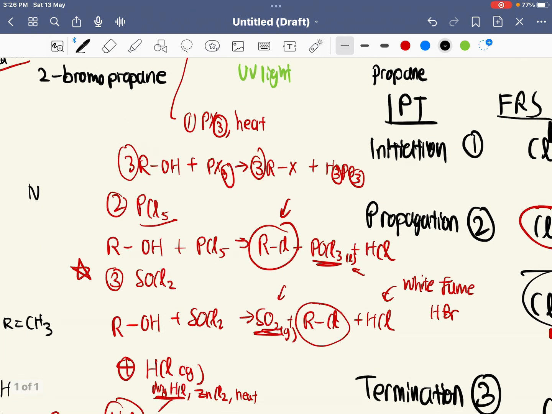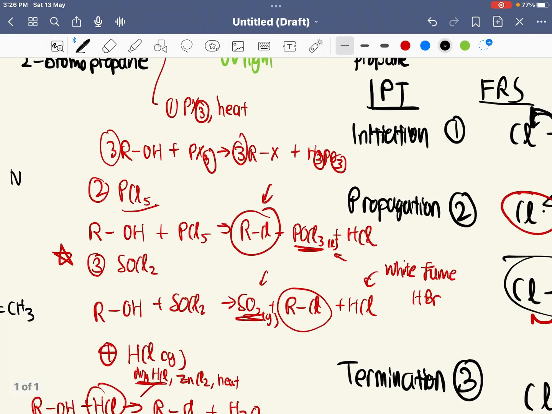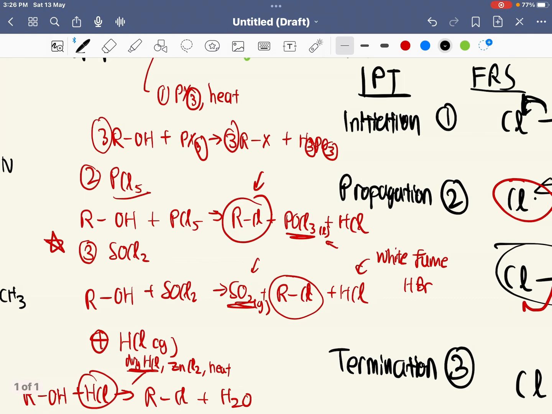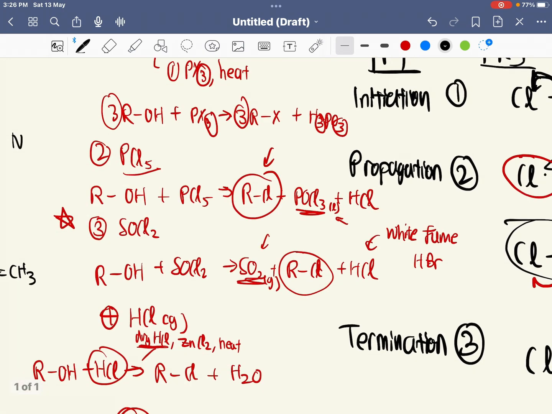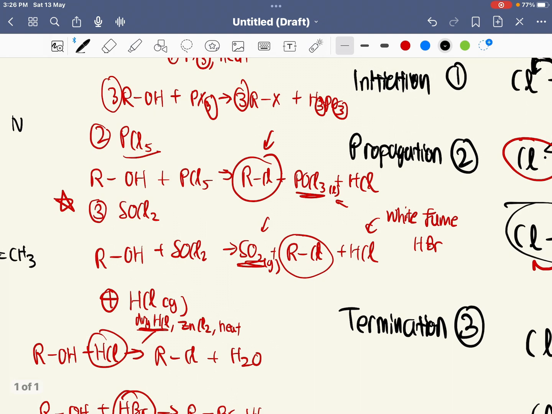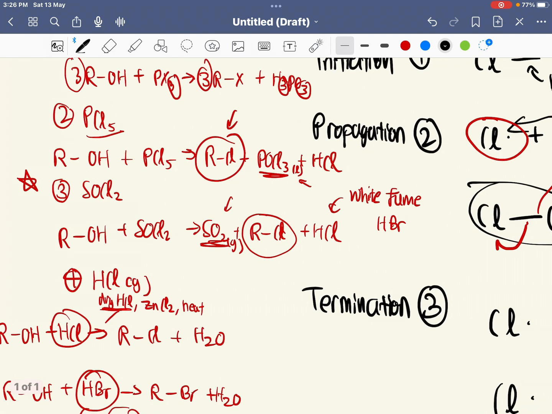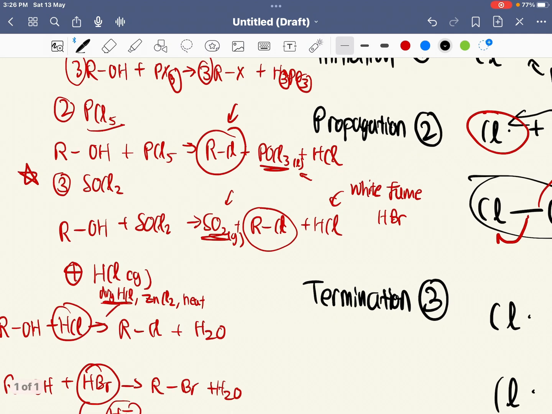Now you have PCl5: ROH plus PCl5 forms RCl, POCl3, which is the liquid, and hydrogen chloride as well. If you use thionyl chloride, ROH with SOCl2 gives you SO2, which is sulfur dioxide, RCl, and your HCl.